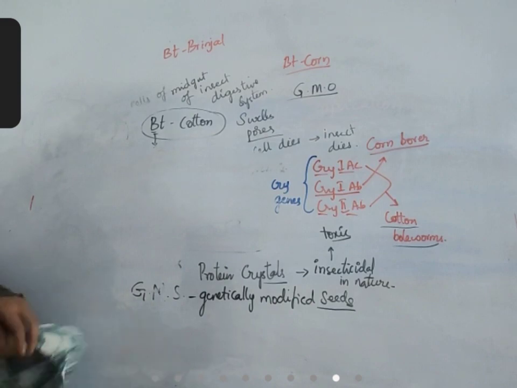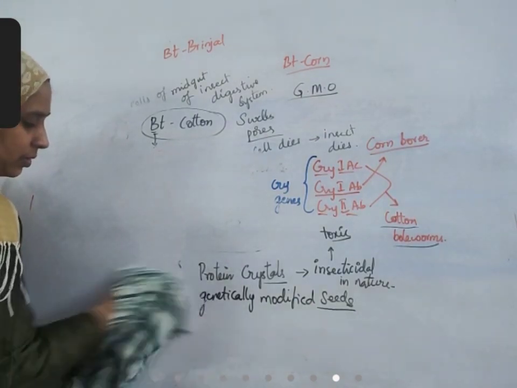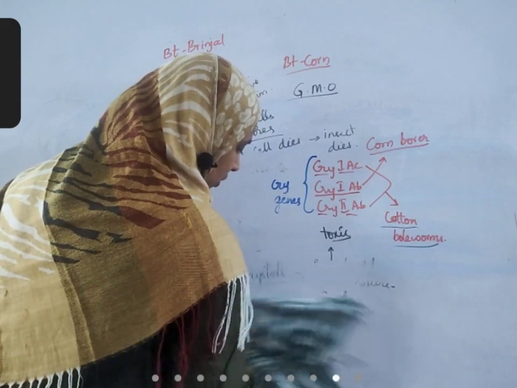So RNA interference is done in a nematode. I'll tell you in 1 minute.